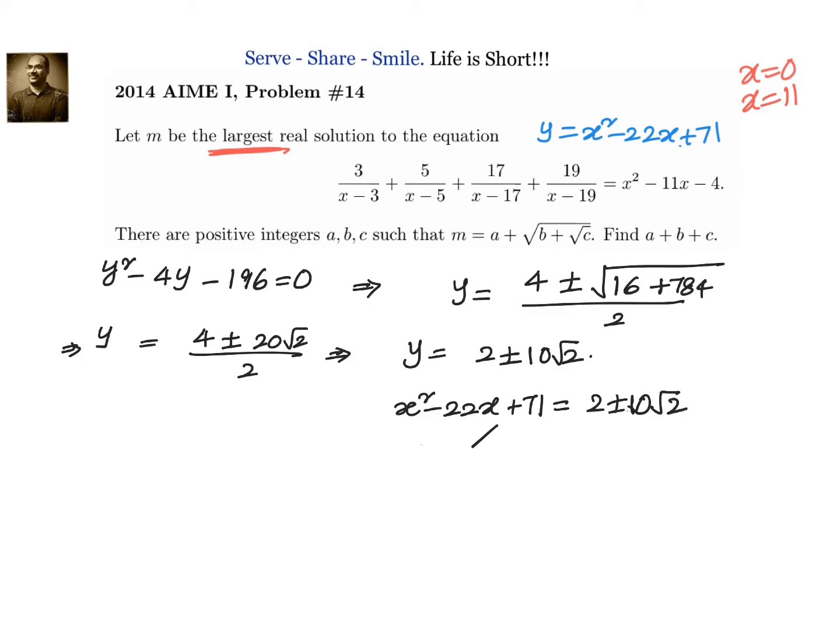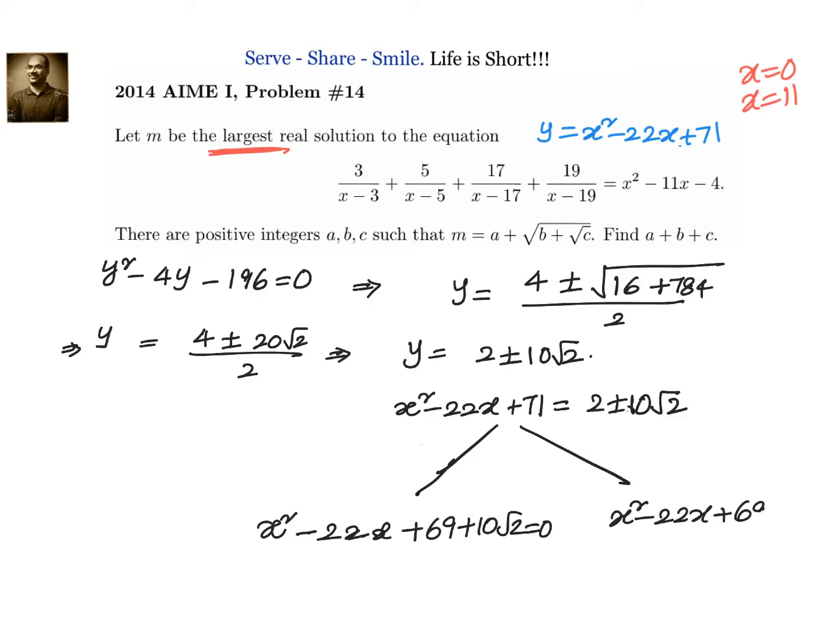So we have two quadratic equations coming. One will have plus and one will have minus. One equation will be x square minus 22x plus 69 plus 10 root 2 equals 0. The other one will be x square minus 22x plus 69 minus 10 root 2 equals 0.